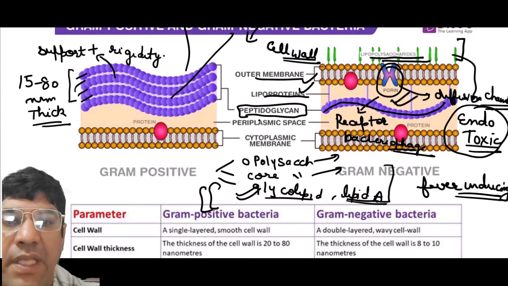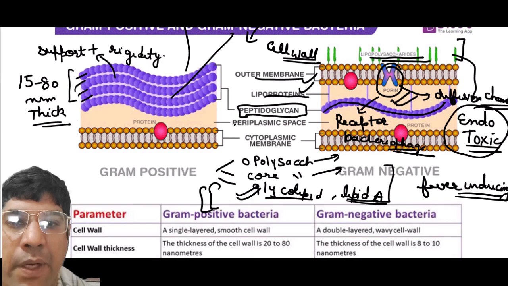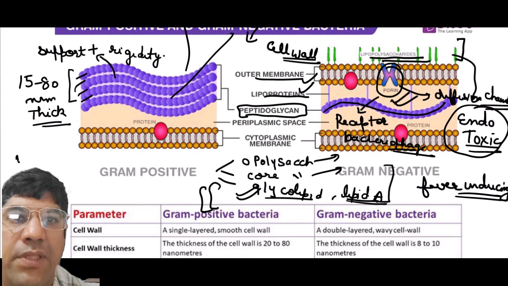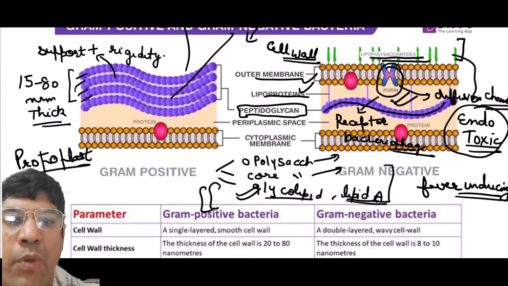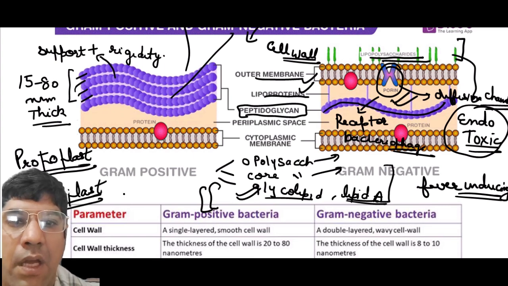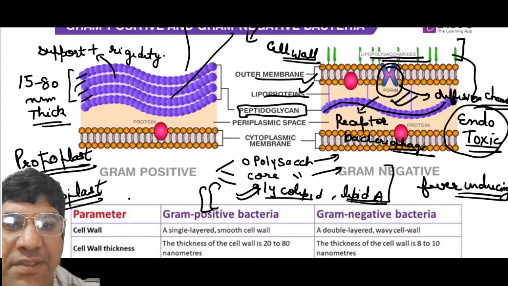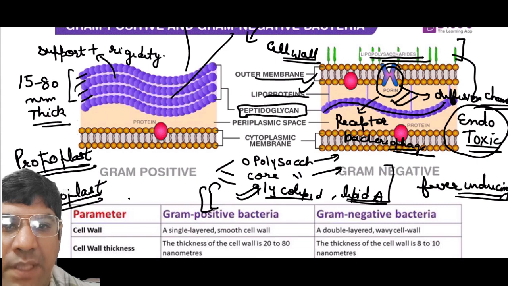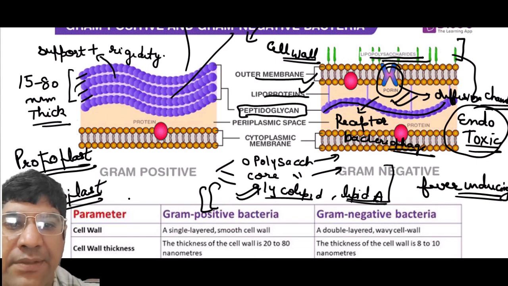Remember, protoplasts are formed when lysozyme acts on gram-positive bacteria in a hypertonic solution, whereas spheroplasts are formed when lysozyme acts on gram-negative bacteria. So they are similar to protoplasts, but some cell wall material is retained.